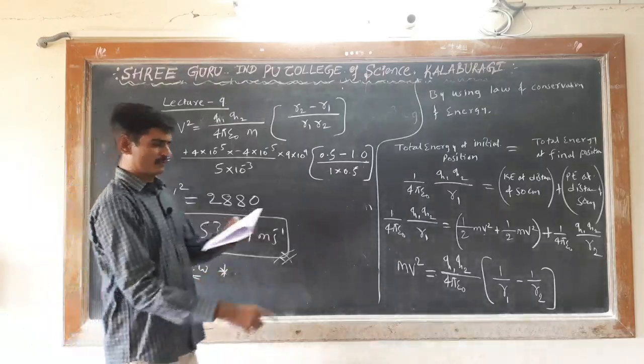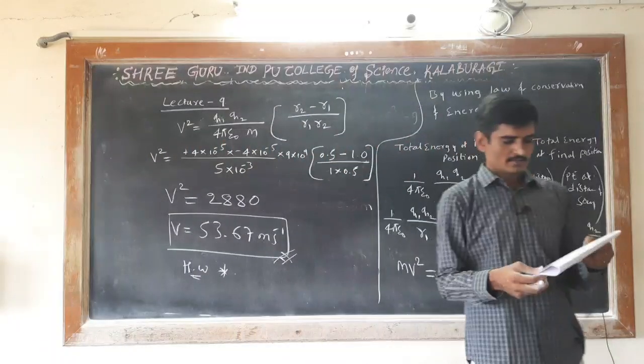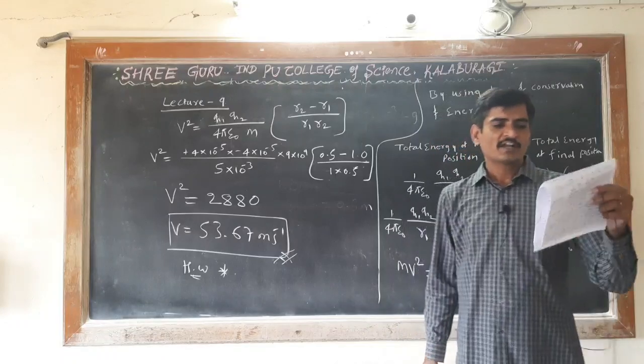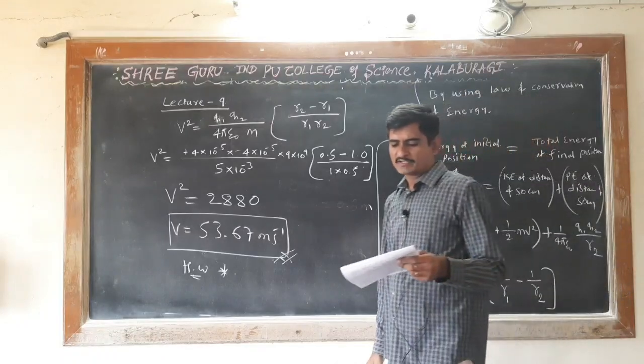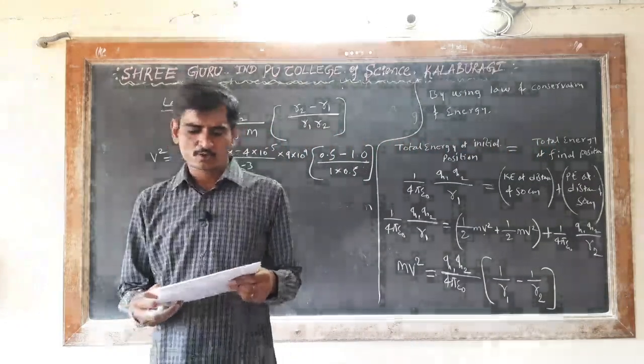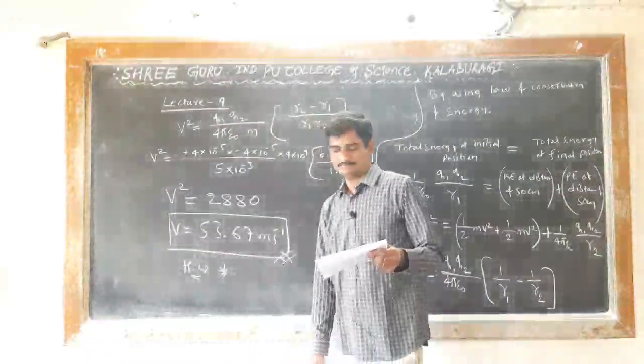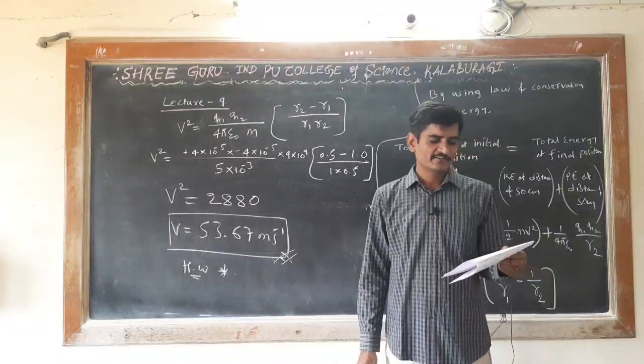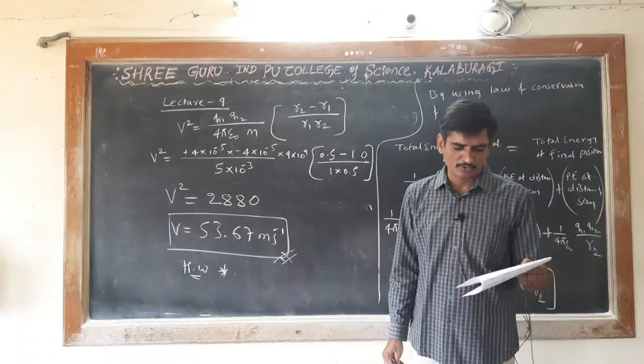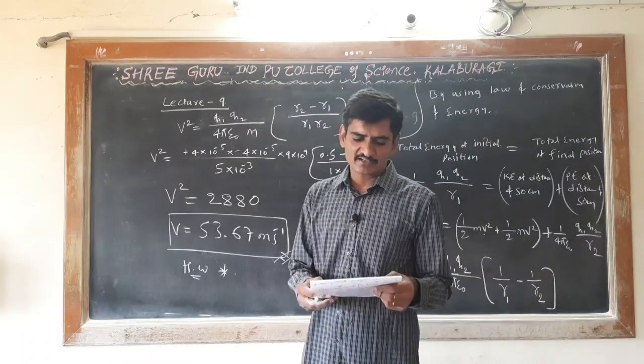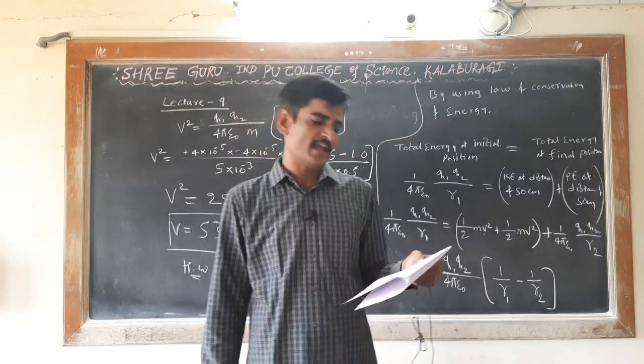Same type of questions. Write down: 2 point charges plus 10 microcoulomb and minus 10 microcoulomb are separated by a distance of 2.0 centimeter in air.